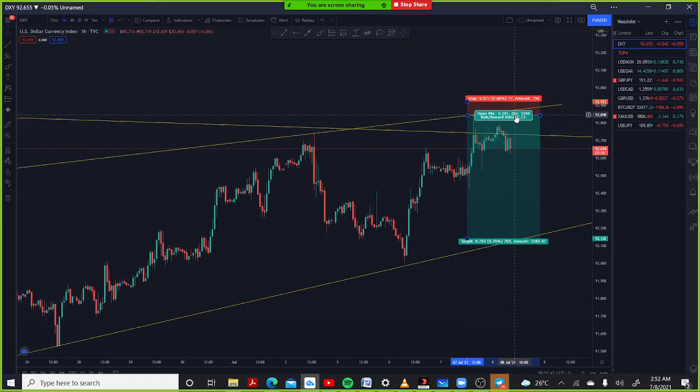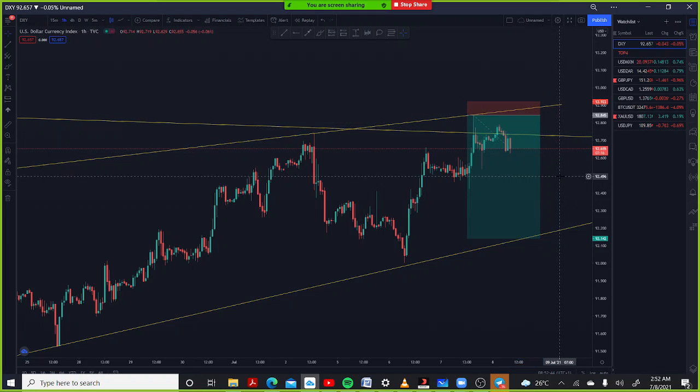I think risk to reward is about 1:9. So we're risking 1 to get 9, which is not so bad.